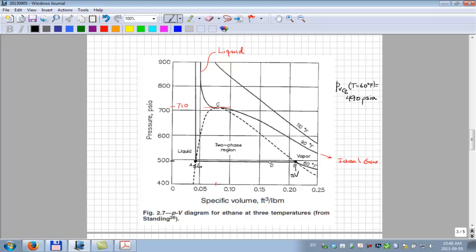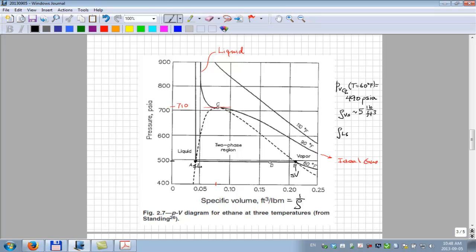This volume here, that's the inverse of density, mass density. So it's about 0.2 on the vapor. If we turn that upside down, the mass density of the saturated vapor is about 5 pounds per cubic feet.